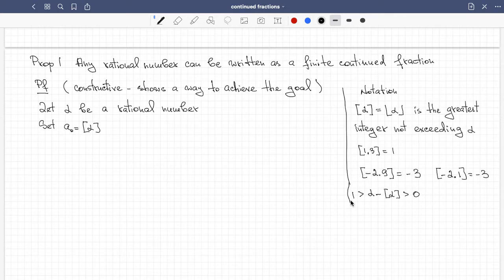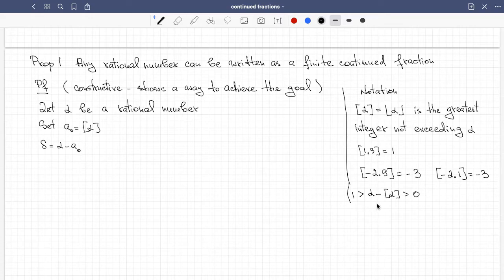So now we set a naught to be the integer part of alpha. And now let us write delta as alpha minus a naught.